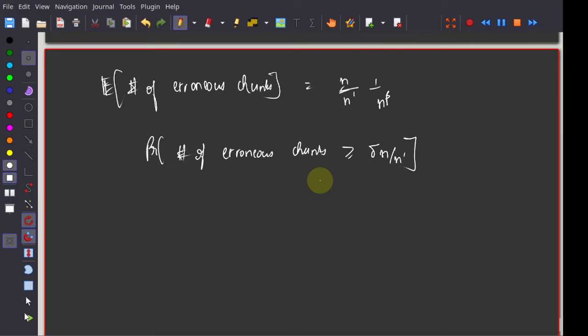Okay, but there are better inequalities. For example, if I use a Chernoff bound, then I get a bound which is exponential in n by n prime. So if I use the Chernoff bound, this is less than or equal to 2 raised to minus some constant, call it gamma, times n over n prime.